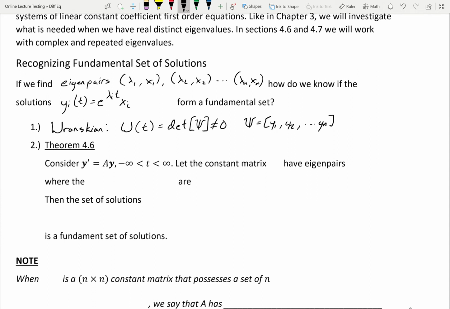Let the constant matrix A have the eigenpairs lambda 1, x1, all the way up to lambda sub n, x sub n, where the eigenvectors are linearly independent.